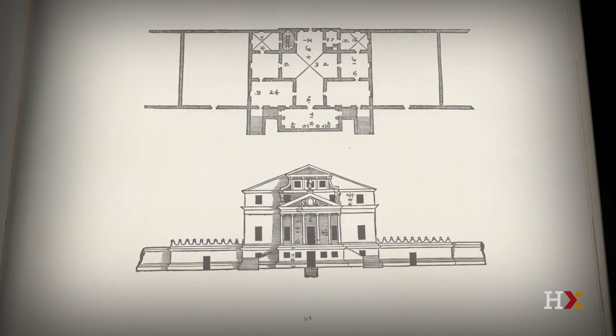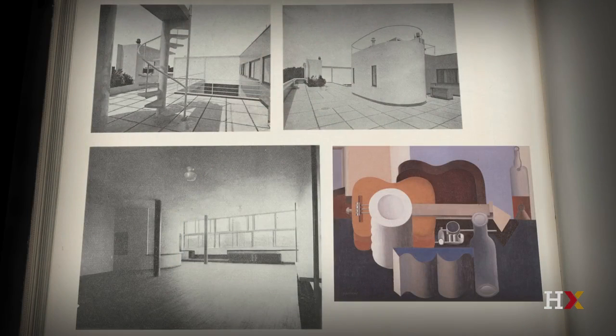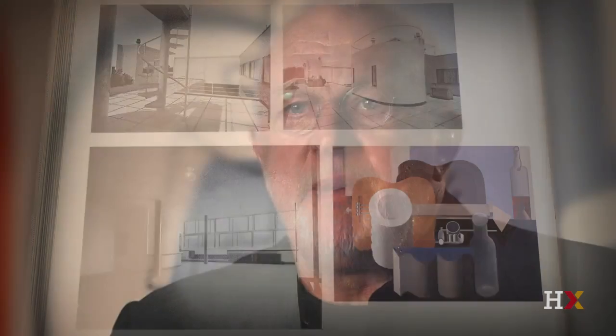Within that column grid, and free of the structuring function of that column grid, are these curvilinear stairwells and rooms with curved partitions that are very, very similar to the objet type of purist paintings. And many critics have actually seen the villa as something like a three-dimensional purist painting.